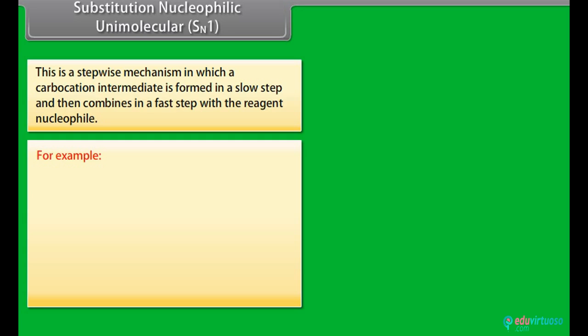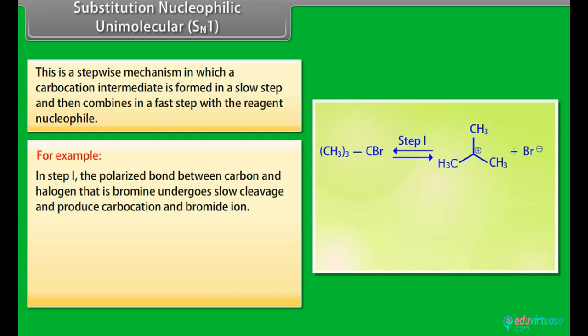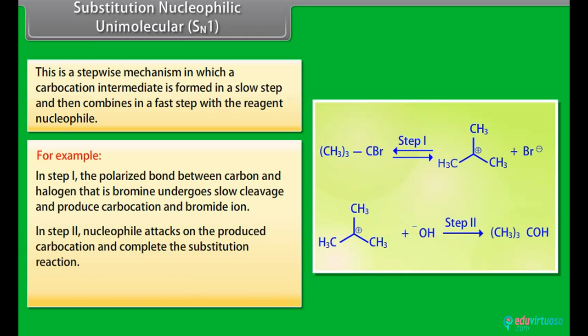For example, in the first step, the polarized bond between carbon and halogen, that is bromine, undergoes slow cleavage and produces carbocation and bromide ion. In the second step, nucleophile attacks on the produced carbocation and completes the substitution reaction. The reaction follows the first-order kinetics.